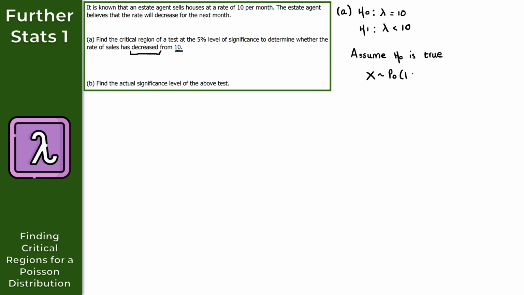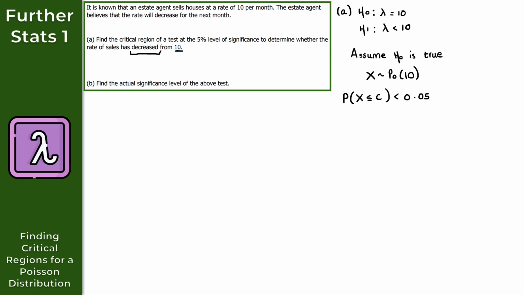Okay, so our parameter there is 10. And what we require now is the probability that our random variable x is less than or equal to some value, let's call that c. And this probability must be less than the significance level of 5%. So this must be less than 0.05 here.